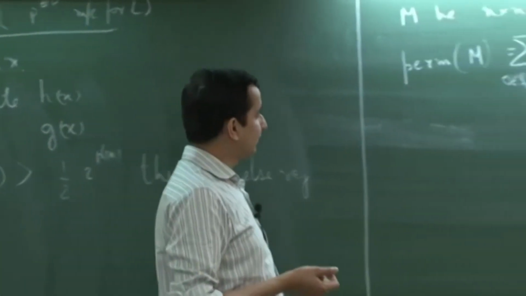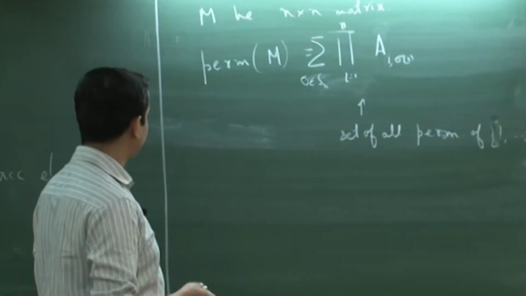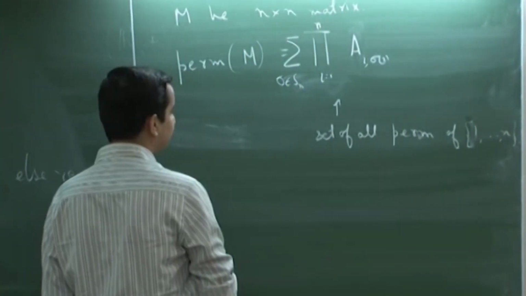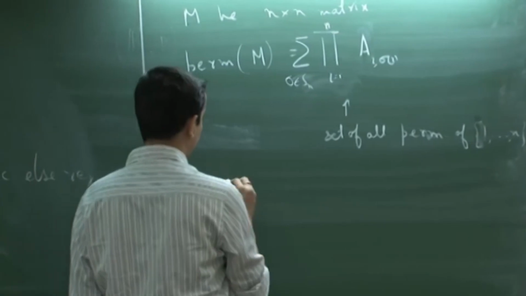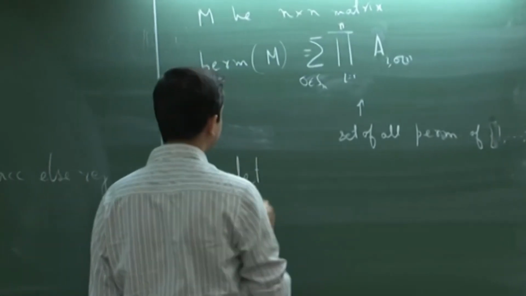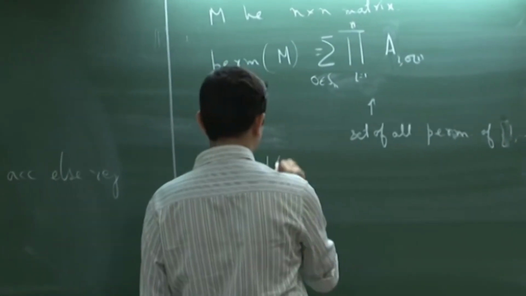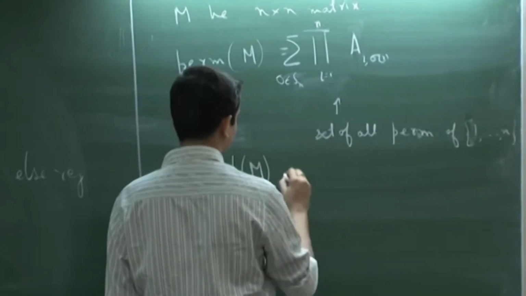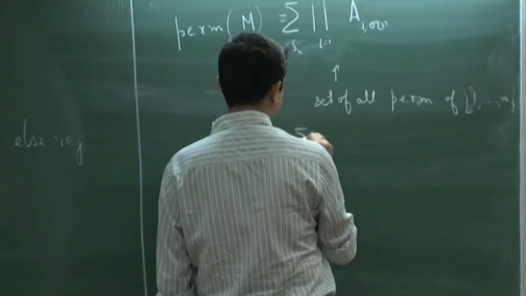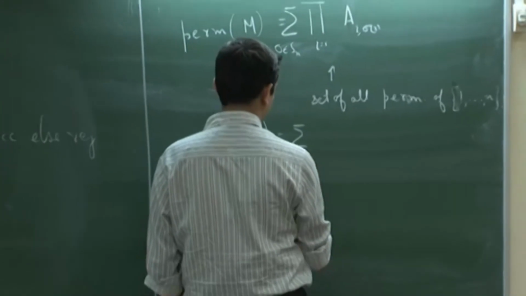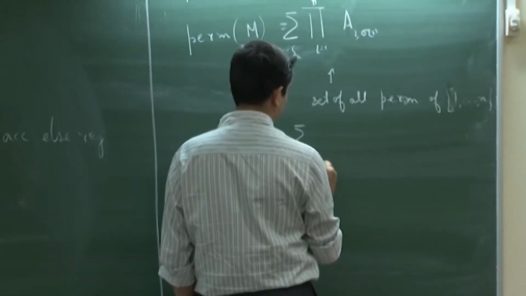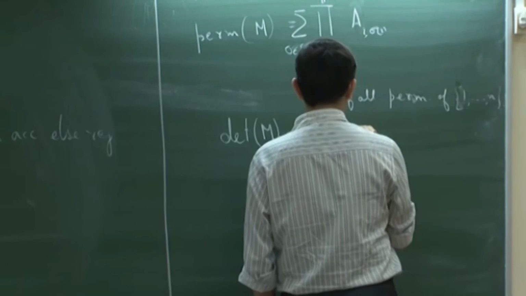So, this is what the function permanent is, and this is very similar to another function which all of you are more familiar with, which is the determinant function, and that has a similar definition except for one small change. There is a sign factor.